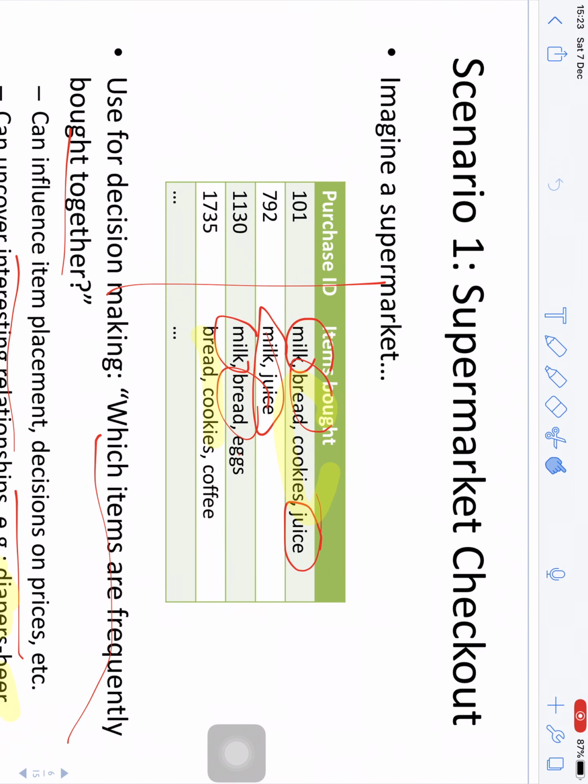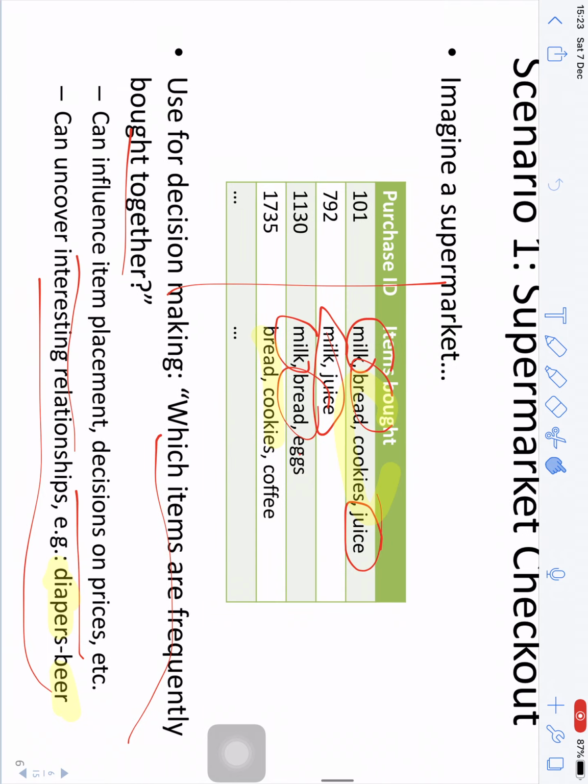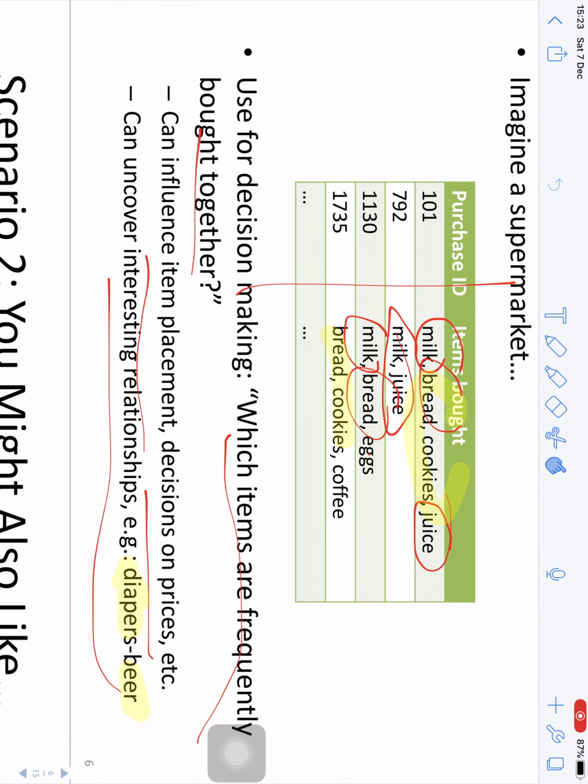Scenario one is the market checkout. Imagine there's a market, and we look at the purchase ID and items bought, which we illustrated in this paper. This is used for decision making: which items are frequently bought together, which can influence item placement, price decisions, and so forth.